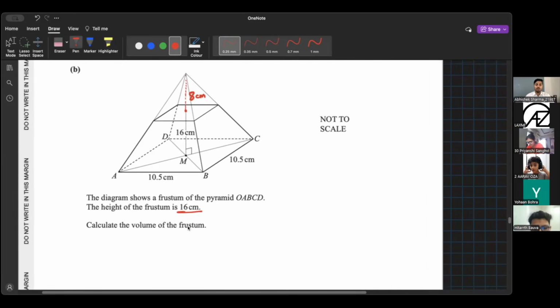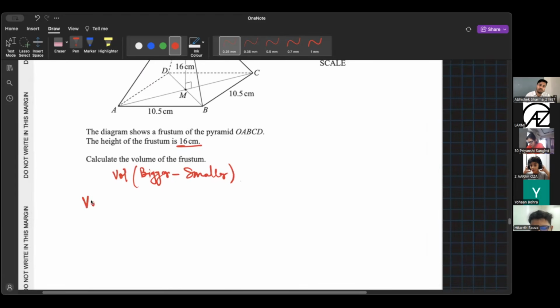Okay, it says calculate the volume of the frustum. We know that the volume of the frustum will be the volume of the bigger pyramid minus the volume of the smaller pyramid. What will be the volume of the bigger pyramid? 1 by 3 into 10.5 square into 24.